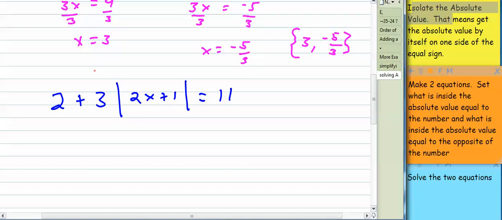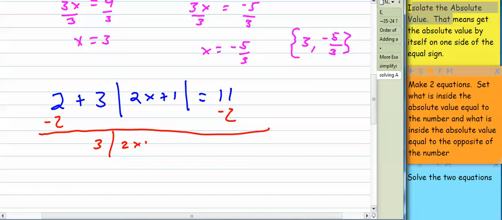To do that, it's just like solving an equation. We subtract 2 from both sides. We get 3 times the absolute value of 2x plus 1 equals 9. And then we divide by 3, they cancel, and we get the absolute value of 2x plus 1 equals 3.